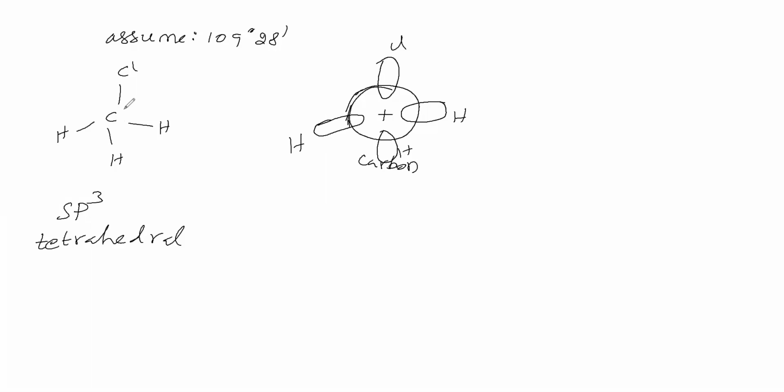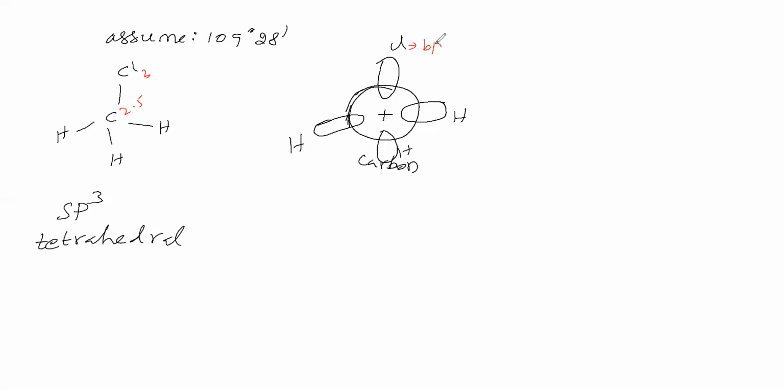Now, for this carbon the electronegativity is 2.5, and for Cl it is 3. Therefore, Cl has higher electronegativity. Since Cl has higher electronegativity, the bond pair is concentrated highly near Cl.